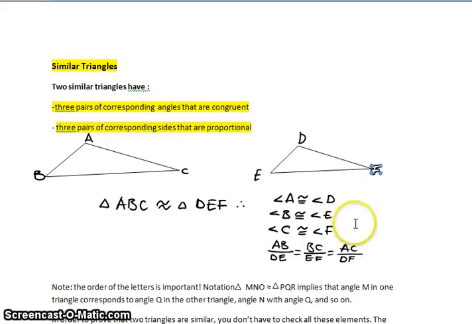So here I wrote the fact that because the two triangles are similar, I have three pairs of congruent angles and three pairs of corresponding sides that are proportional.